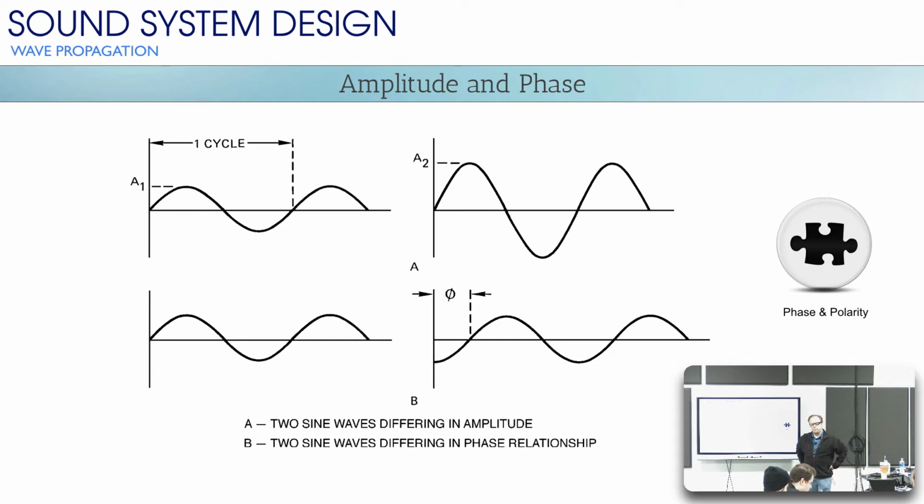So if the compression hits whatever that transducer is, like the microphone, do you want that to represent an upward tick in that voltage wave, or a downward or a negative tick, like a positive tick or a negative tick in that voltage wave, right? It depends, is the answer. It depends. But that is polarity.